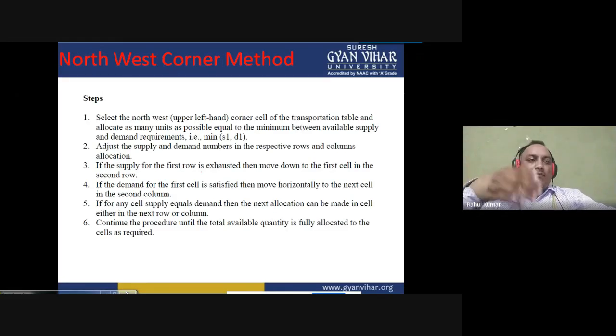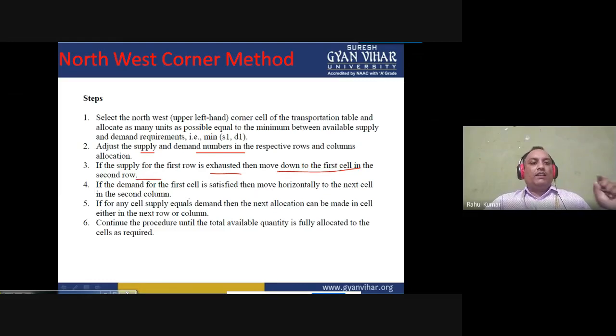These are the steps for solving any problem with the northwest corner method. In the first step, select the northwest corner cell of the transportation table and allocate as many units as possible, equal to the minimum of the available supply and demand requirement, and adjust the supply and demand numbers. If the supply of the first row is exhausted, then move to the second row.